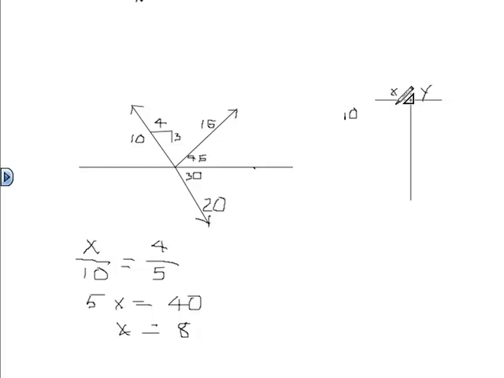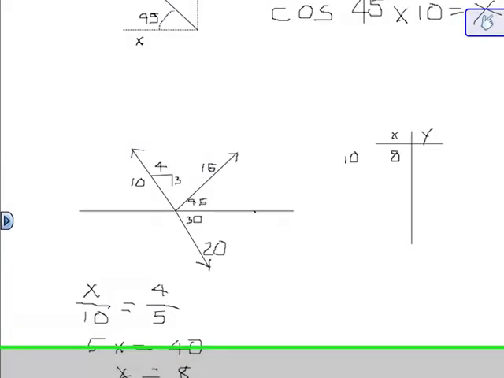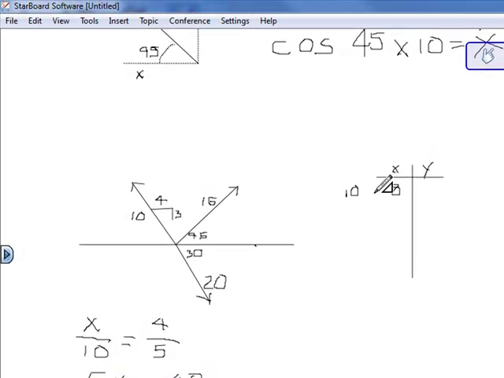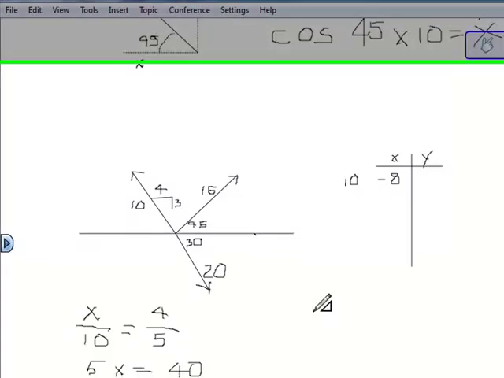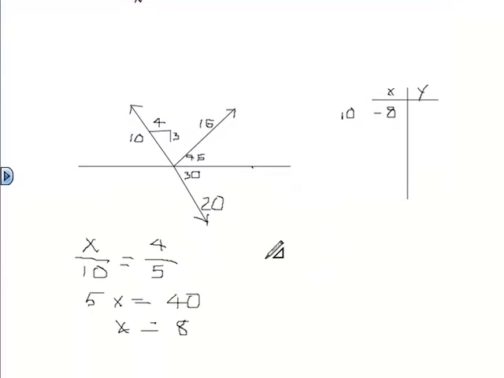So over here in your little chart, you have 8. And you notice that it's going to the left, so it's going to be a minus, negative 8 for the 10x. For the 10y, you would just do it the other way. So y over 10 equals 3 over 5.